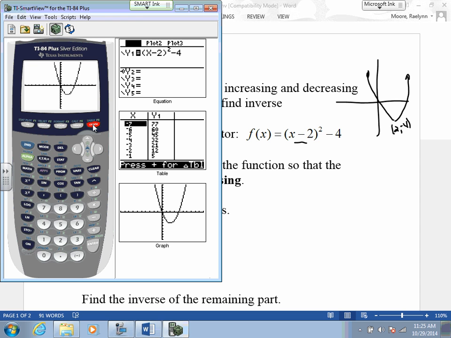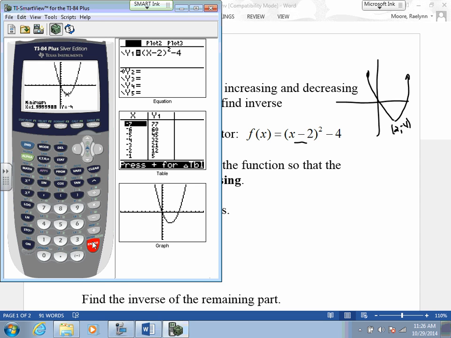And our vertex point, if I didn't know what my vertex was, how would I find it on my calculator? Minimum. Is this an absolute minimum or a relative minimum? Absolute. So say I wasn't keeping track of that, and I wanted to find this, I can find my absolute minimum here. Minimum, go to the left of this guy, go to the right of it. Okay, yes. And there's my minimum. Yeah, this acts a little strange, that 1.99999, that's a 2. So 2, -4 is my turning point.